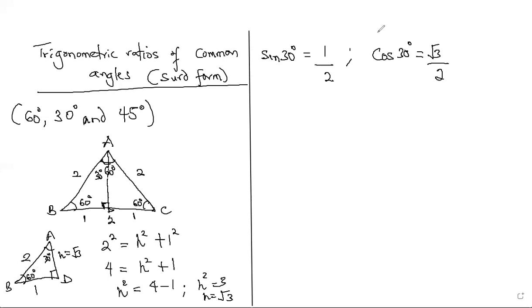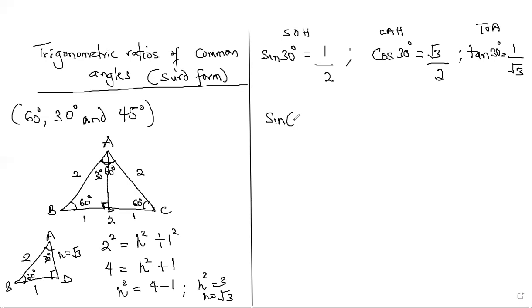Remember, for cos we use CAH, for sine we use SOH, and for tan we use TOA. So tan 30 will be opposite 1 over adjacent root 3. Which means sine 30 is 1 over 2, cos 30 is root 3 over 2, and tan 30 degrees is 1 over root 3.